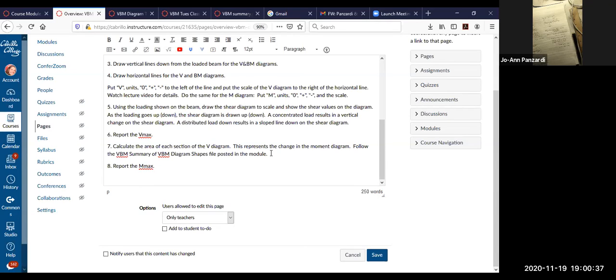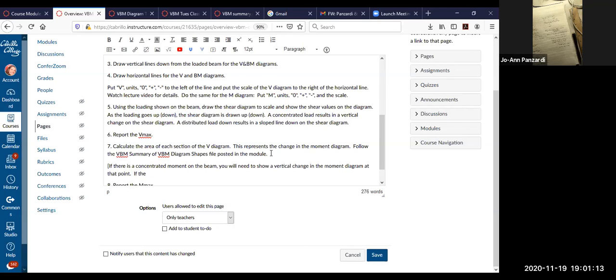I think I want to add in here: if there is a concentrated moment on the beam, you will need to show a vertical change in the moment diagram at that point.